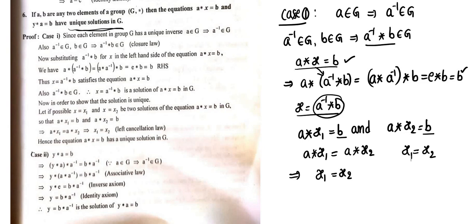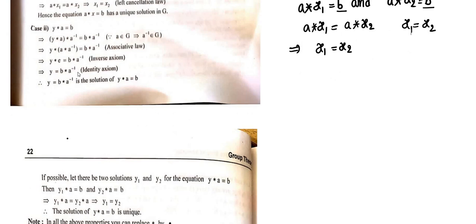In case 2, we take y * a = b. Here multiply with a inverse on the right side, then we get y * a * a inverse = b * a inverse.